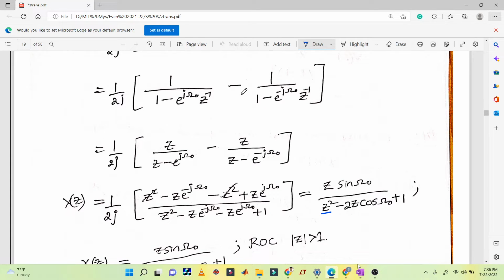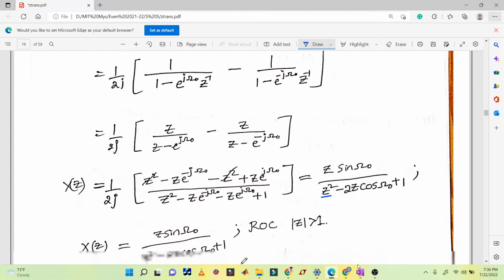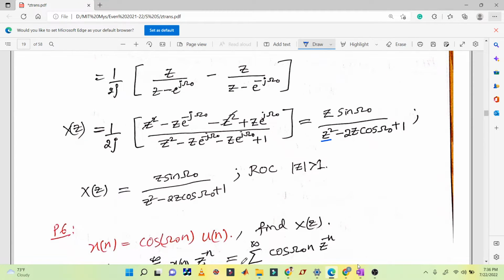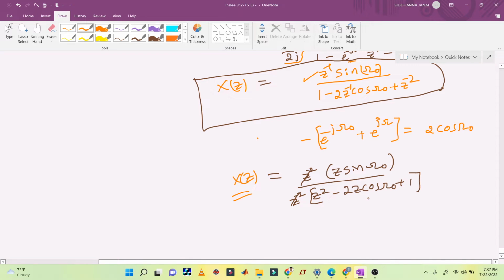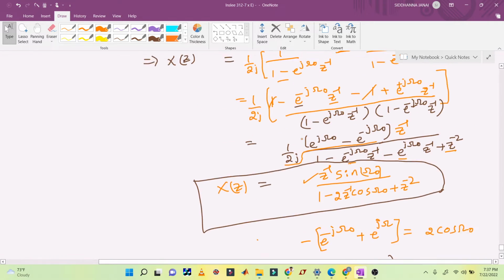Because if you remember the unit step function, it is multiplied by u of n, so you can directly write ROC is greater than 1, unless it is mentioned multiplied by some specific constant. So ROC for this is z greater than 1 because we have multiplied the signal with a unit step function. It is a right-sided sequence.